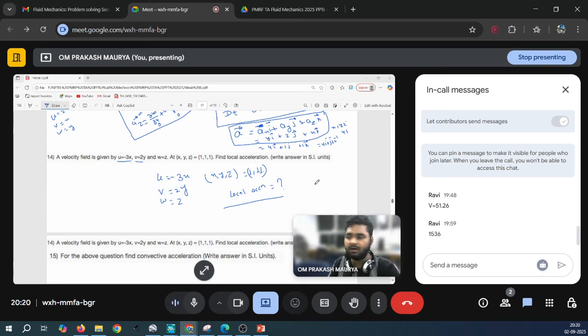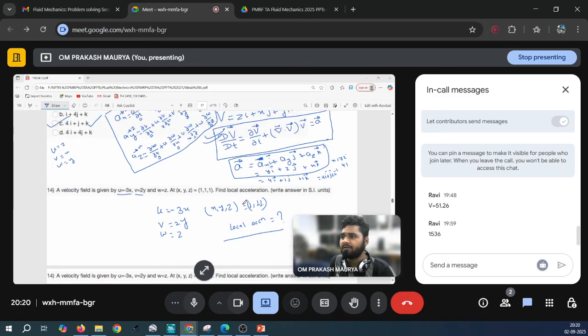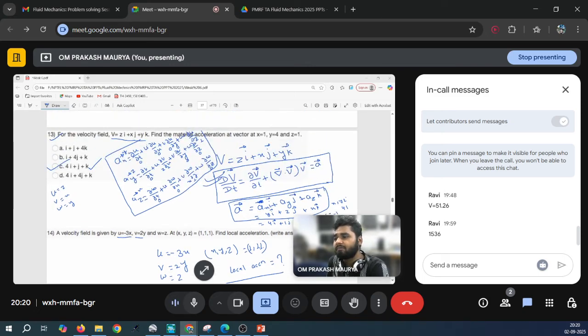Okay, so now let us discuss the velocity field. Here the expression is given for u. Here we need to calculate the local acceleration. So the local acceleration, as I have discussed already, means the velocity associated with time.